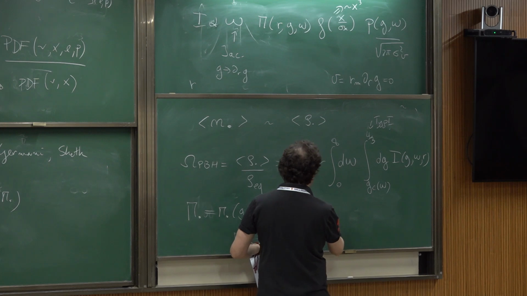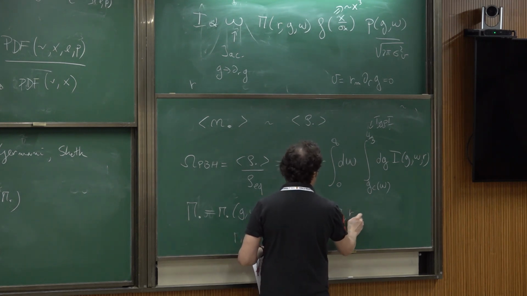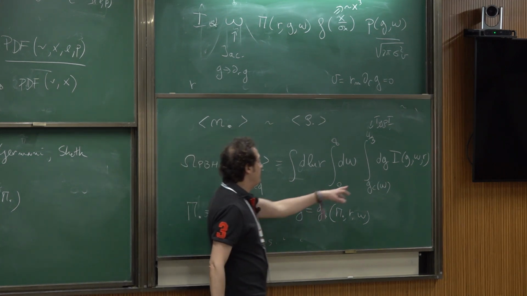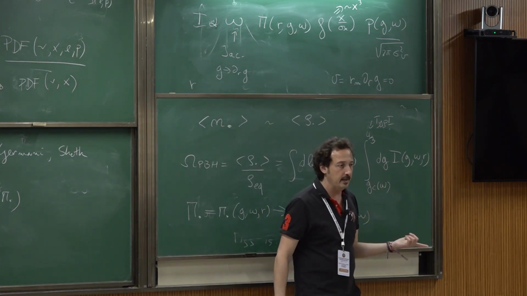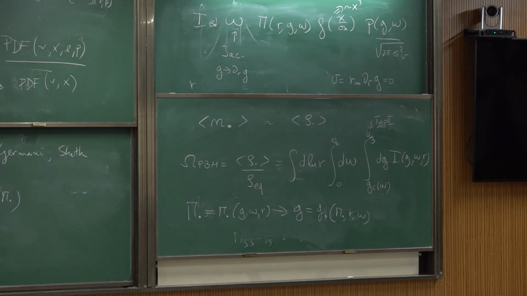I can write G in terms of a function that depends on m, R, and W, simply inverting this. Then instead of an integral in dG, I have an integral in dm, and I can extract the mass function. That's the trick.